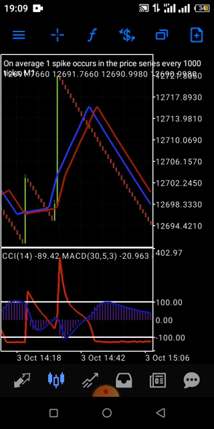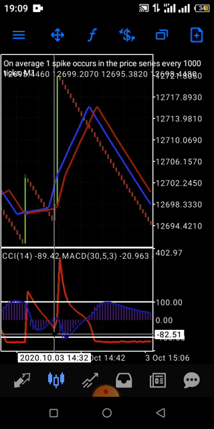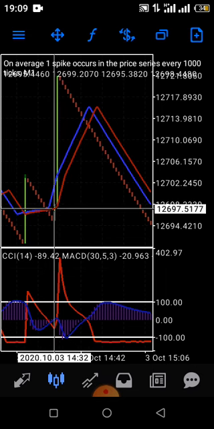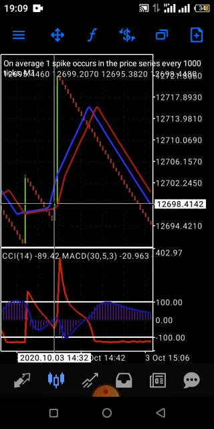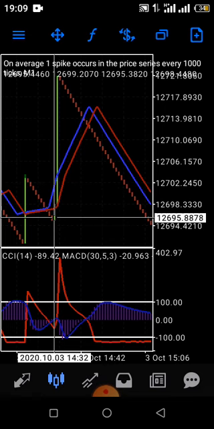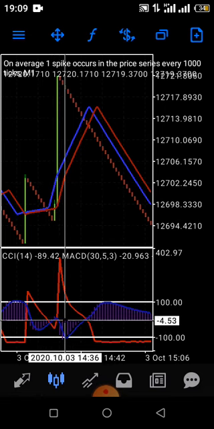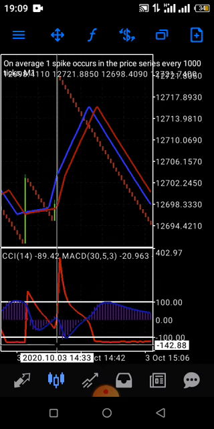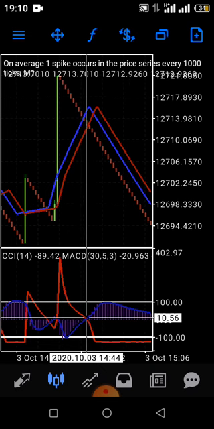So we check another one. You have the blue cutting through the red. You have two spikes which are very long. When this happens, the blue one will cut through, then go to the oversold, then start coming back. When it starts coming back like that, it meets the red channel index.